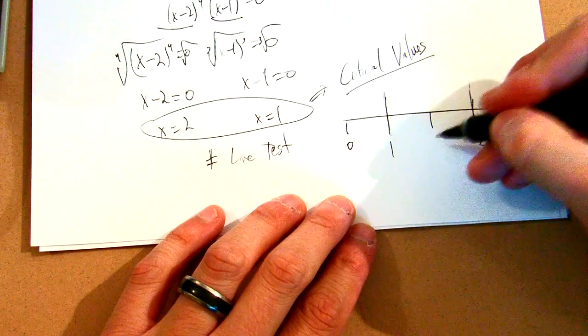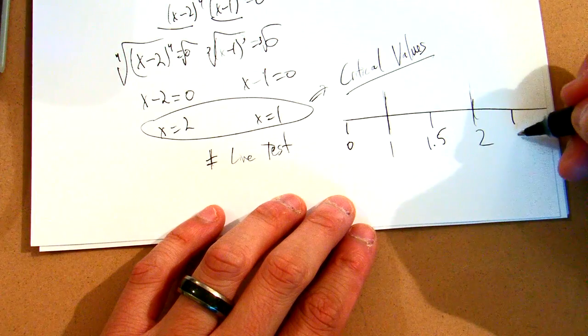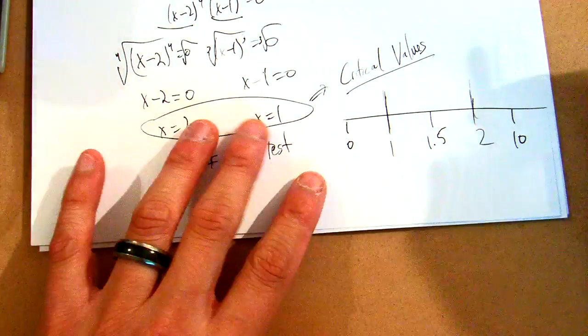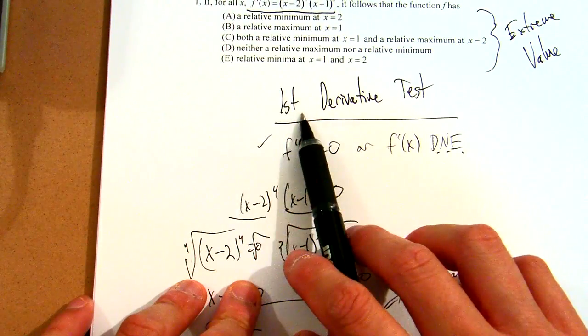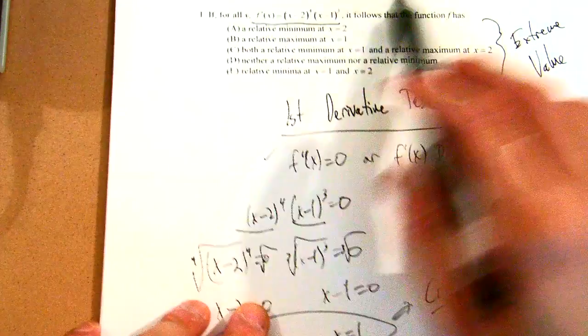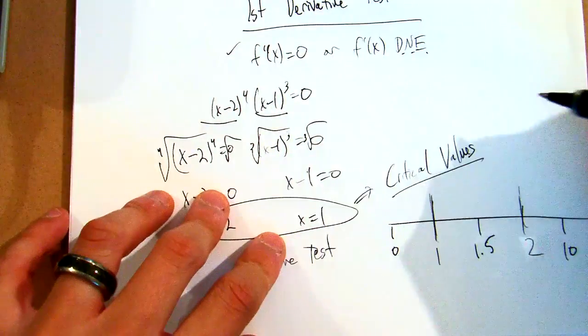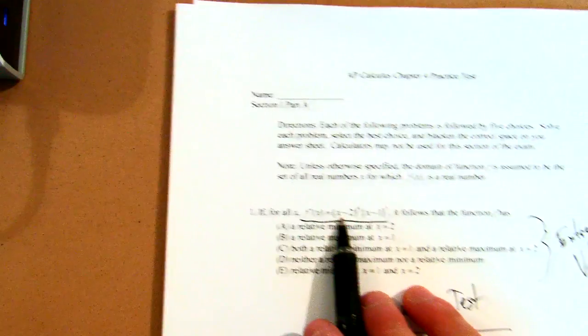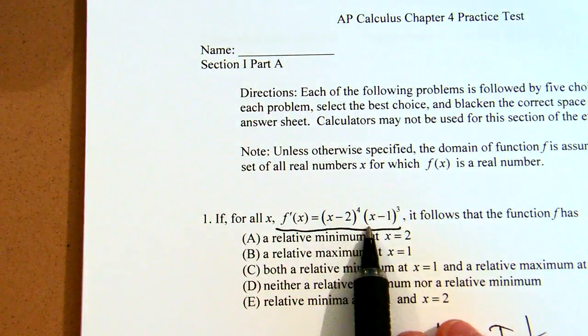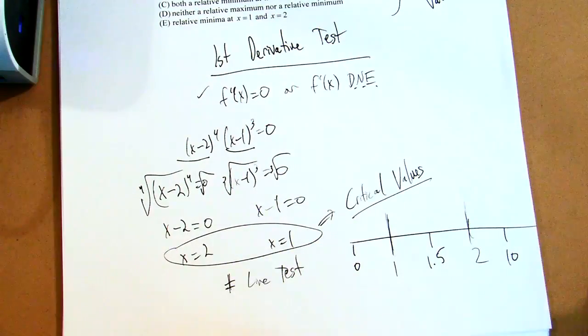I'm going to pick 1.5, and then 10 or something. We're going to plug these into the first derivative, which is already here, given. So I'm going to plug 0 into this equation here.